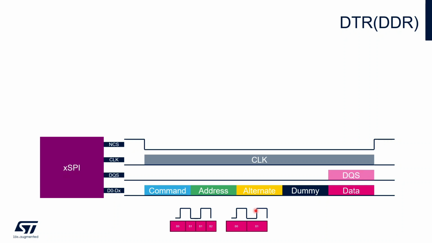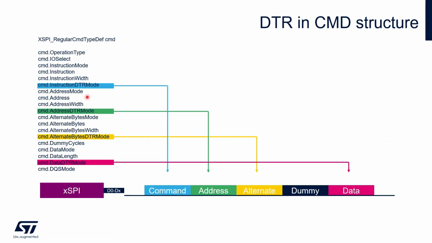In our case, we will not use the double data rate, because this needs to be enabled by the configuration, usually by writing into the configuration register, so it's not there by default. For this exercise, we will keep it on the normal single data rate. We will set all these double data rate modes to none, so we will not use this mode at all.